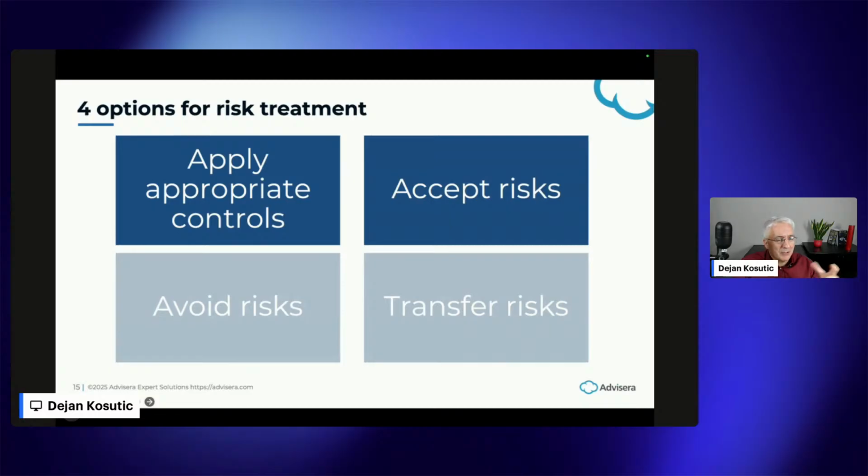You managed to calculate somehow that this is the maximum damage, and then you calculate that the price of implementing controls to reduce this risk is, let's say, $30,000. In other words, you have to pay 3 times more to mitigate this risk when compared to the maximum damage.